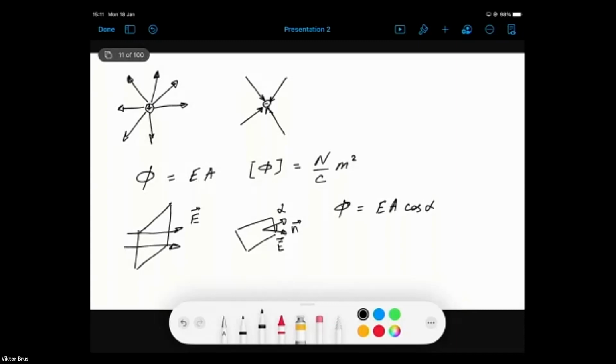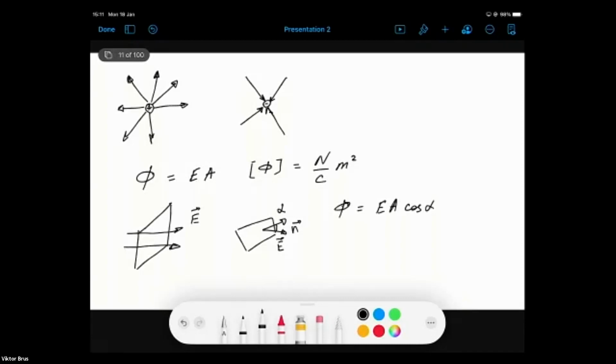So from this equation, we can already see that the maximum flux of electric field will be through the surface which is perpendicular to the electric field vector.